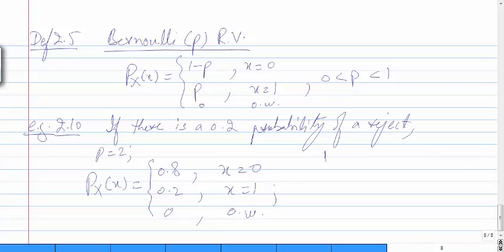Now if we plot the PMF, x equal to 0 is 0.8, assume this is 0.8, and x equal to 1 is 0.2. So this is the PMF in the Bernoulli case, based on two possible outcomes, acceptance or rejection.